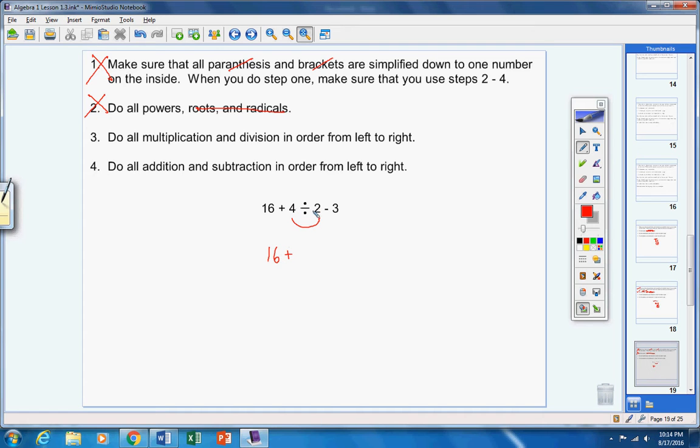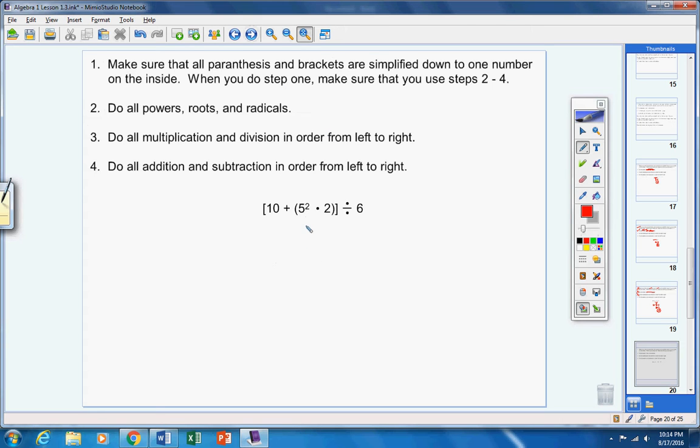What's 4 divided by 2? 2. And then bring down your minus 3. Okay, I don't see any multiplication or division. We're done. Now do all your addition and subtraction. So 16 plus 2 is 18. Bring down your minus 3. 18 minus 3 is 15. There we go. Look at that. Okay. Just follow these steps and you'll be fine.